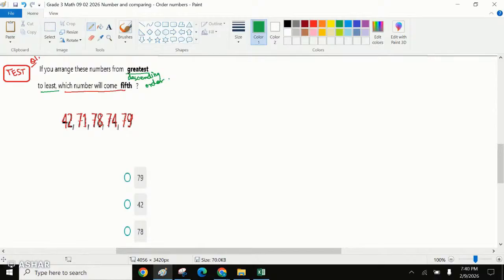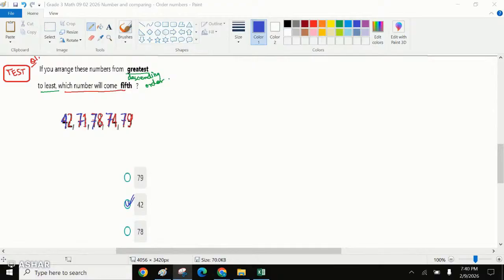Just by looking at the values, we can say, because this is 7, this is 7, 7 and 7. There is only one number that is in the fours. That means 42 is the smallest, or the 5th number.